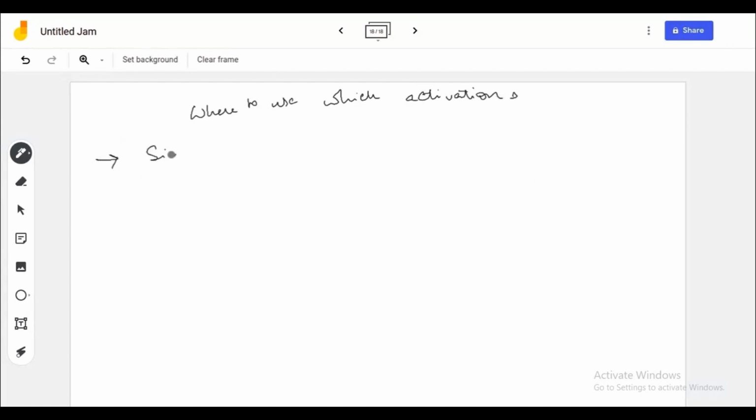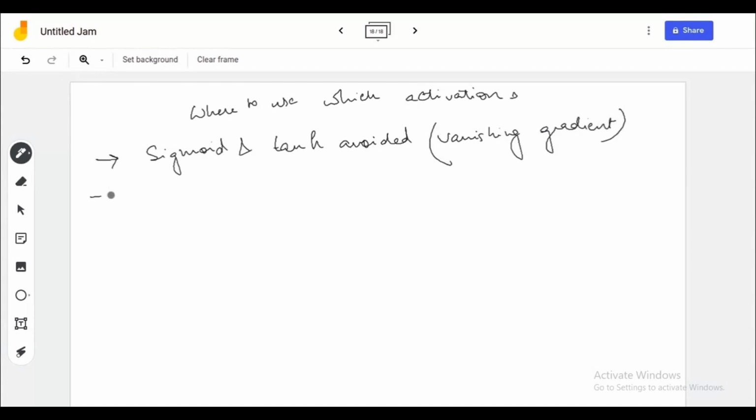We should avoid sigmoid and tanh because of the vanishing gradient problem. Next, we can use ReLU for most problems. It is a very versatile activation function and it is used for most problems.